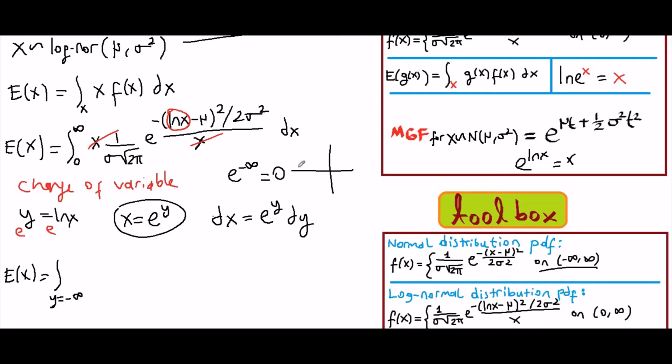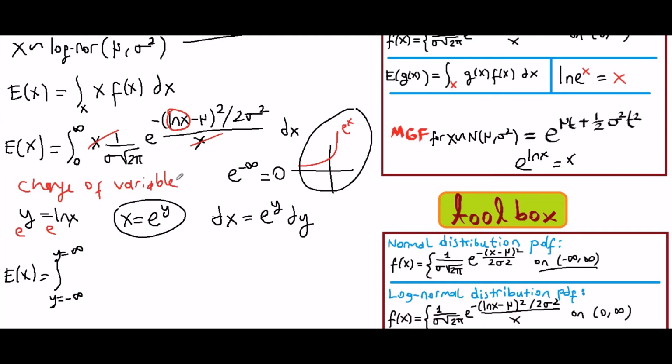If you check the graph of e to the x, if we go to negative infinity, e to the x goes to 0. If we go to positive infinity, then e to the x goes to infinity. And here, when x is equal to infinity, y goes to infinity using the graph of e to the x. Now we have taken care of the limits of integration.